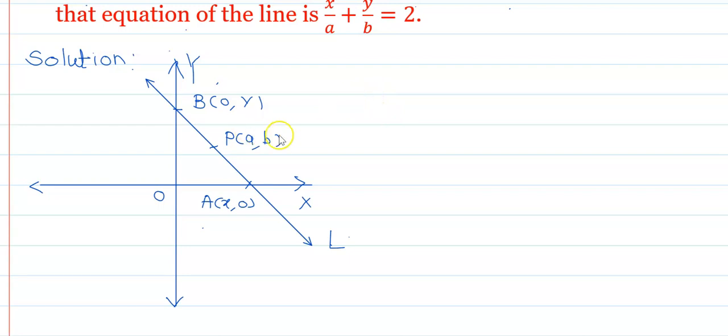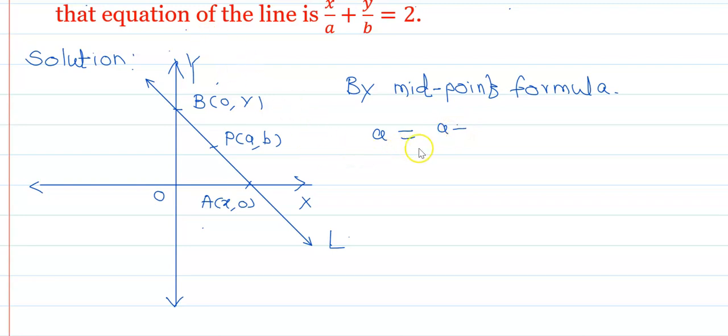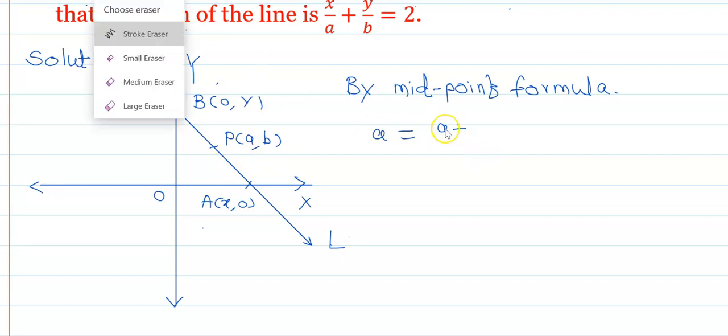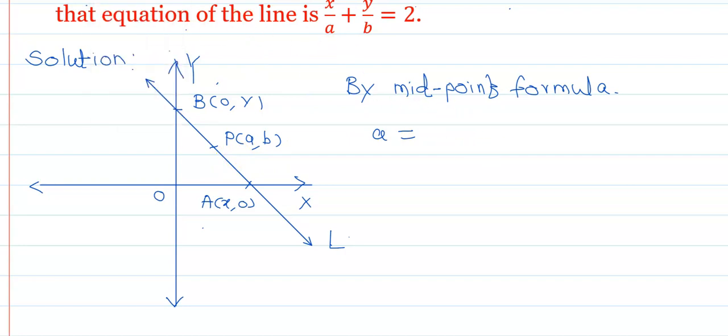Now here, as P is a midpoint, we can apply the midpoint formula. By the midpoint formula, we have a is equal to (x1 plus x2) upon 2. x1 is x, x2 is 0, upon 2.